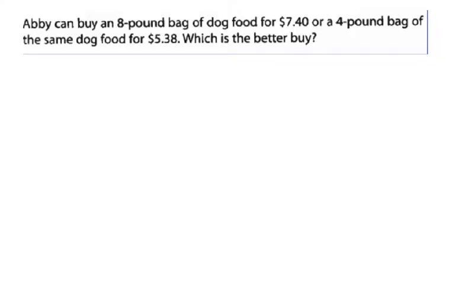Here we have another one. Abby can buy an 8-pound bag of dog food for $7.40, or a 4-pound bag of the same dog food for $5.38. Which is the better buy? Well, what's important here is 8 pounds for $7.40, or 4 pounds for $5.38. So we're going to set it up with WKU.